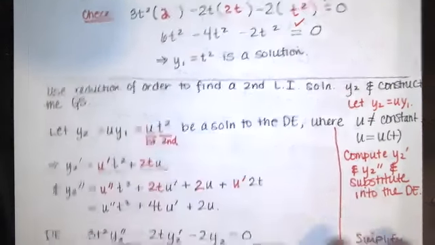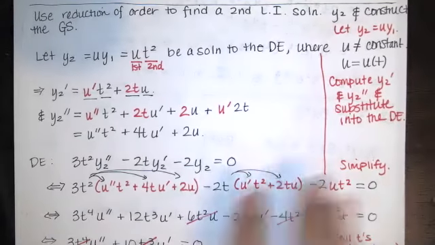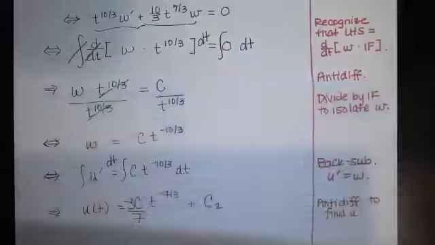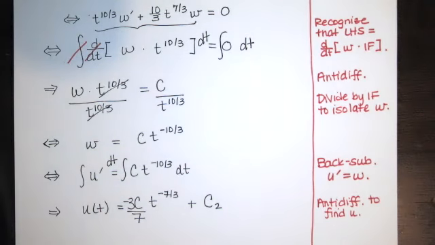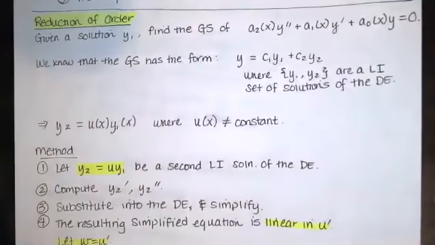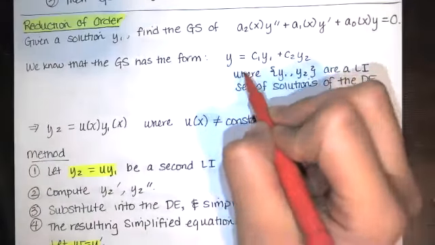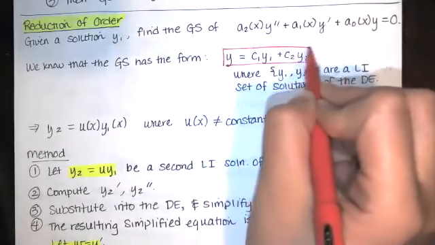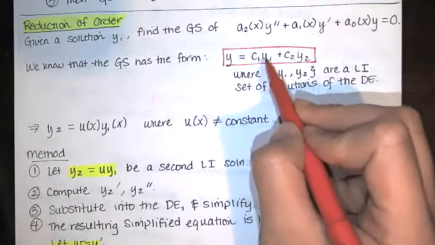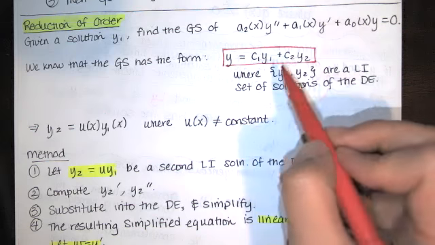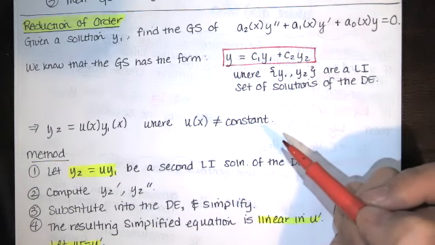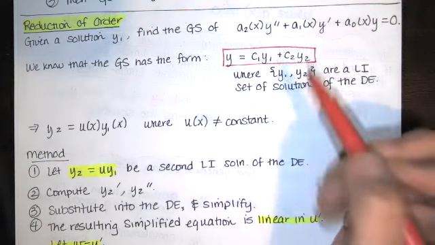Because remember, eventually we're going here. I don't know if I've got it written down anywhere. Oh, here it is. Eventually we're going here. So we have a constant times y1 in the solution, and then we want to add a constant times y2 to that solution.